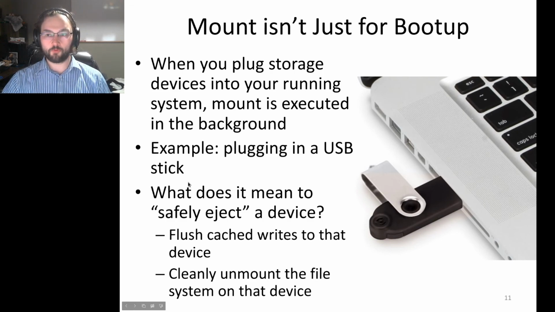And so we have a performance benefit from caching to memory, but that means that if we just yank out the disk without making sure that we've flushed those caches, the data that we wrote to disk may not actually have gotten written to disk. And so the safely eject button allows us to get the performance benefits from caching. We don't have to turn caching off, but we can also force the cache to flush so that the write actually happens.